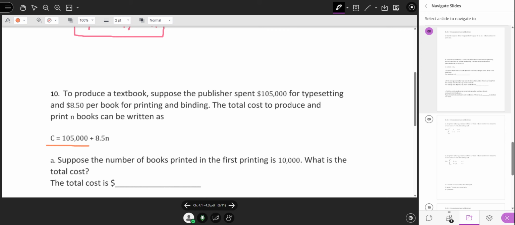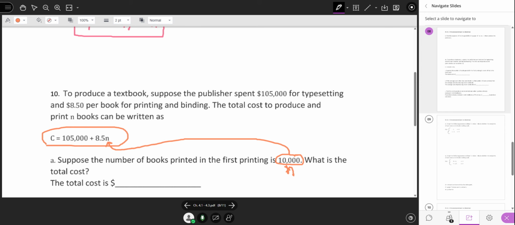When given a formula, use it. This says x is 10,000, or n in this case. Let me replace x, that's n. Put that here. All right?